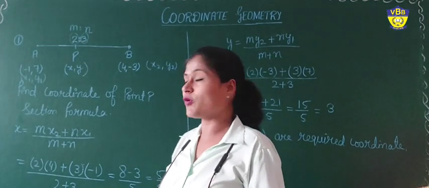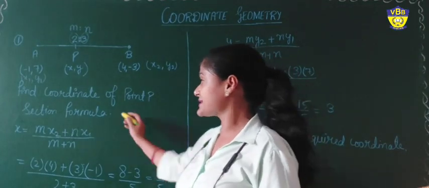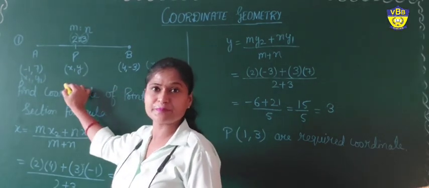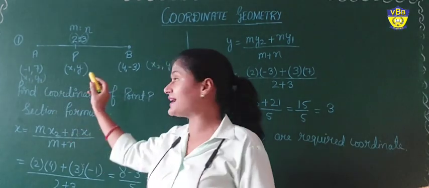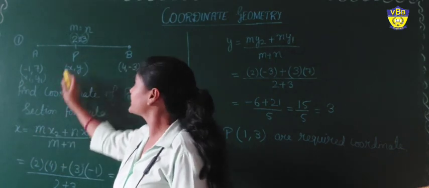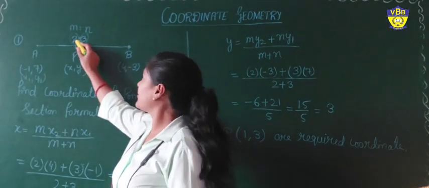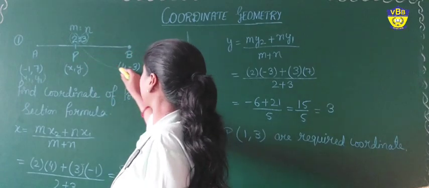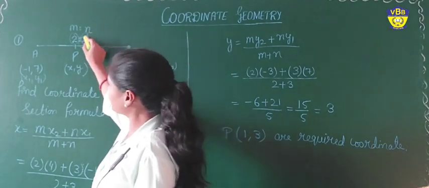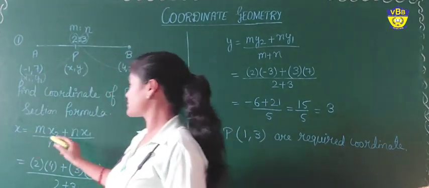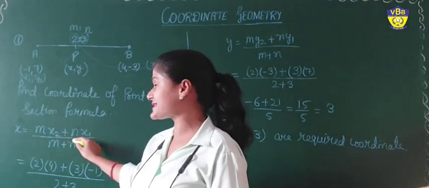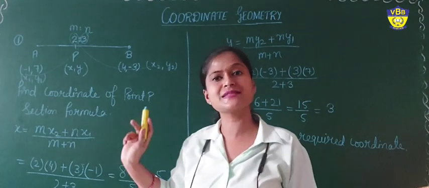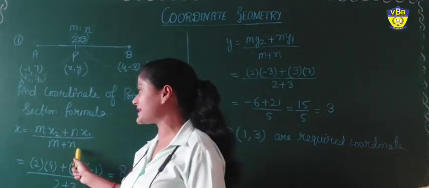So what will be the formula? x is the coordinate of P, so x is equal to m x2 plus n x1, divided by the sum of the ratio, that is m plus n.